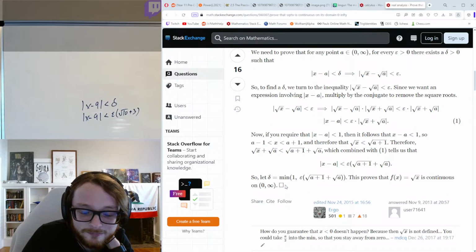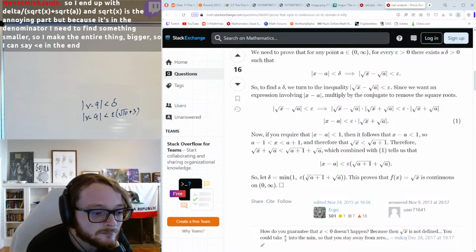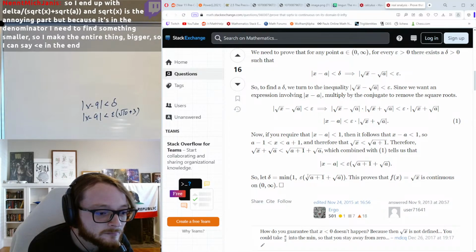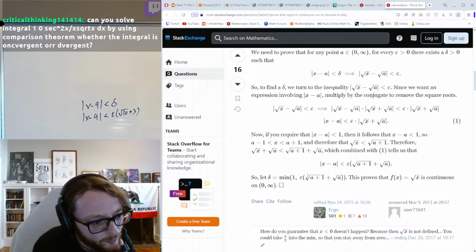Okay, critical thinking. Solve the integral, assume from 0 to 1 of secant squared x over x root x using comparison.